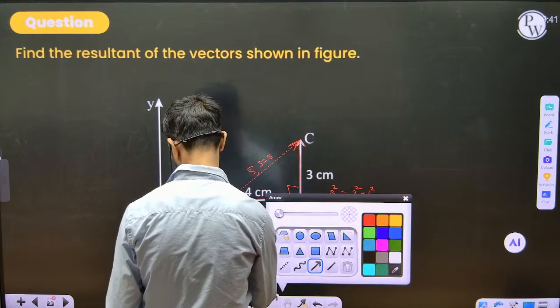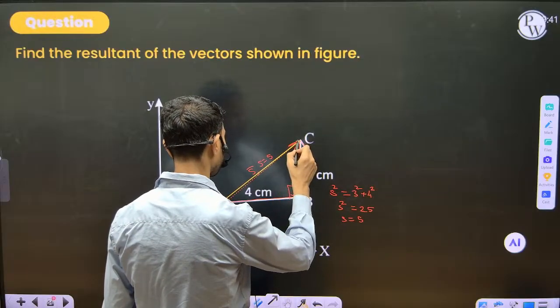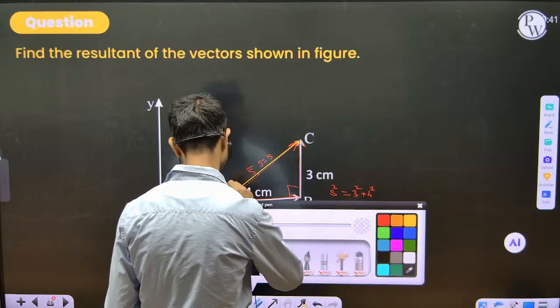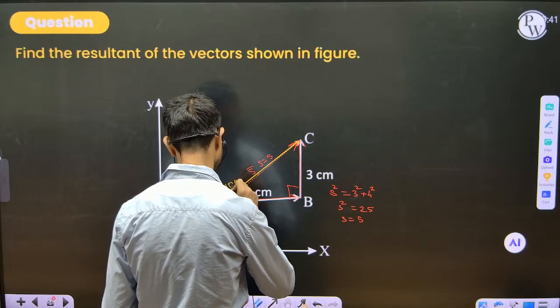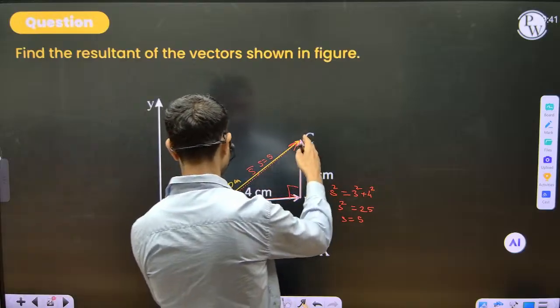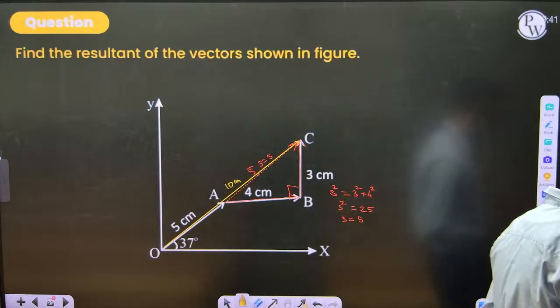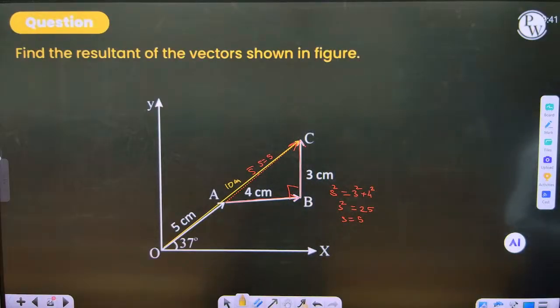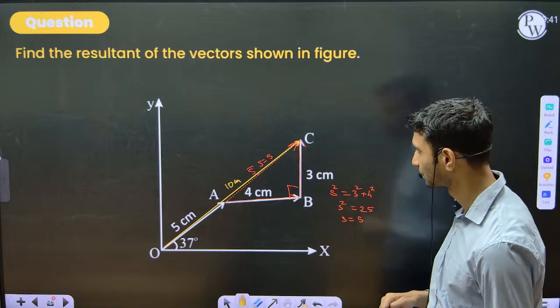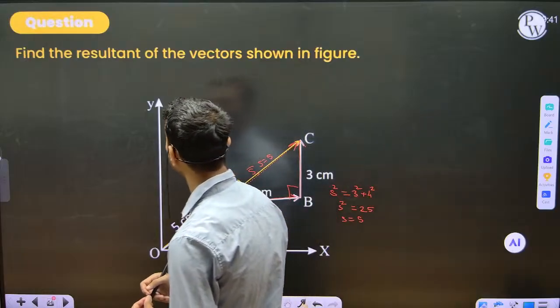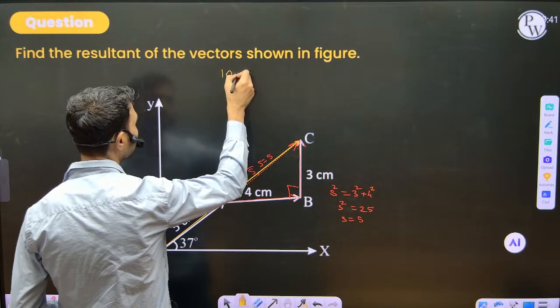So addition of this and this, the result will be 10 centimeter. This 5 and this 5 will make 10. So what will be the answer? The resultant of the vectors will be 10 centimeter.